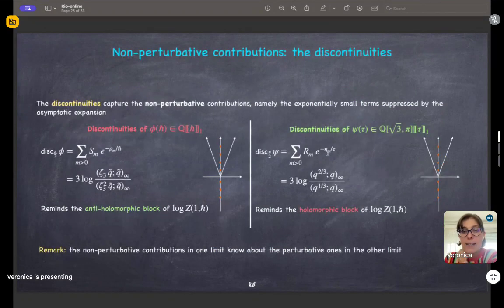And similarly for the other series, if you look at the generating function, again this discontinuity, in a sense the generating function of the Stokes constants, but in the sense of non-perturbative correction because of this exponential term, you recover something that looks like the holomorphic block.